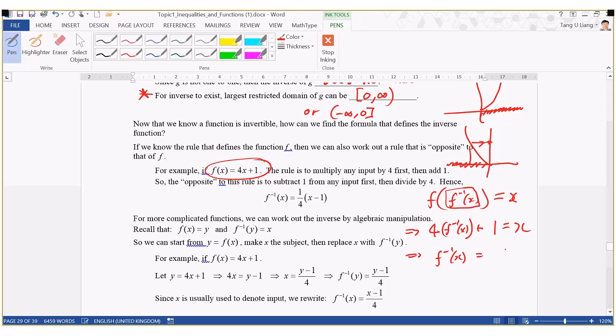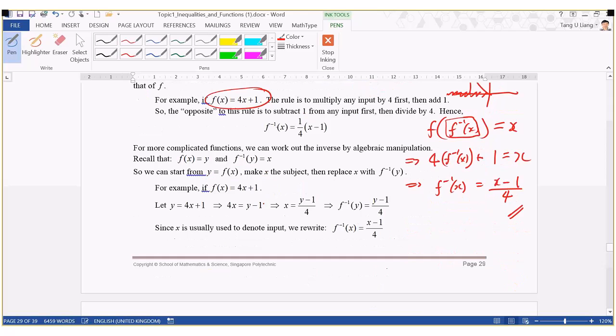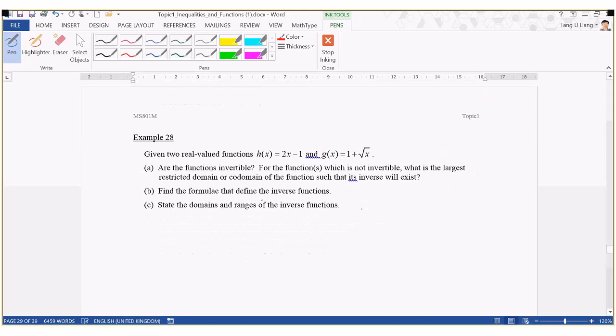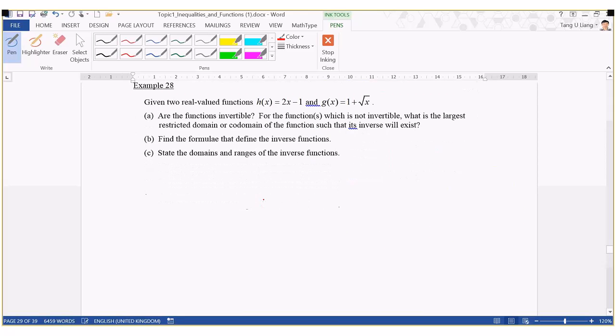So let's apply our knowledge to these two functions, h(x) and g(x). We'll do h(x) first, answer A, B, C, then we do g(x), answer A, B, C. So they are saying that this is a real valued function. H and G are real valued functions. And that means h is a function from R to R, where h(x) is equal to 2x minus 1.